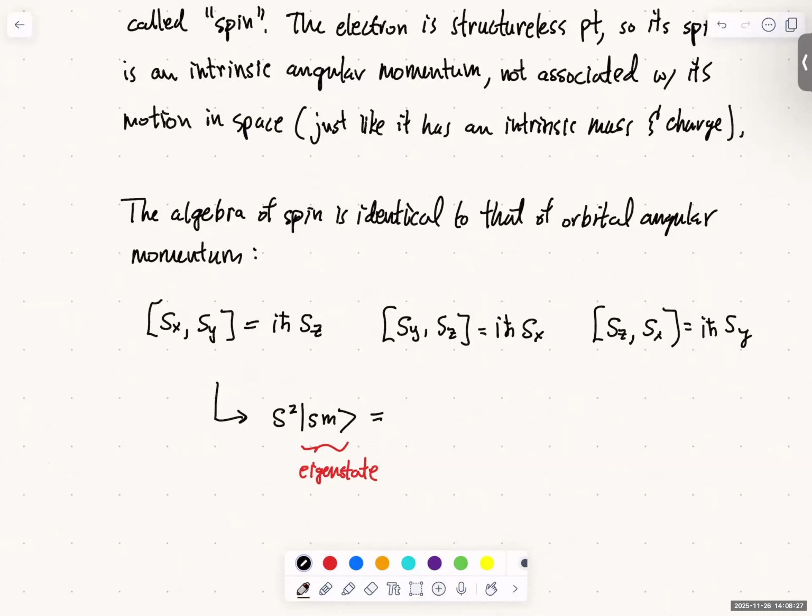Nevertheless, it's still true that the eigenvalue is just like we had before. Instead of h bar squared L times L plus 1, where L is a quantum number associated with orbital angular momentum, we'll have S times S plus 1, where S is a quantum number associated with spin angular momentum. And then to complete our eigenvalue equation, we have to write the eigenfunction.